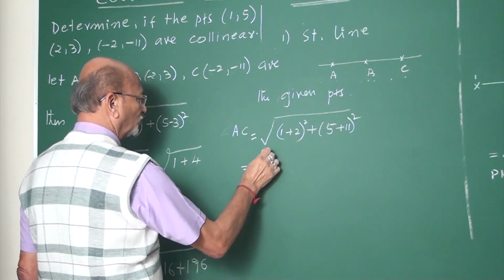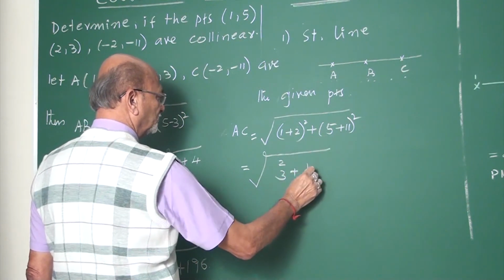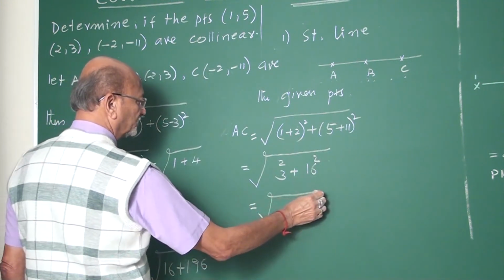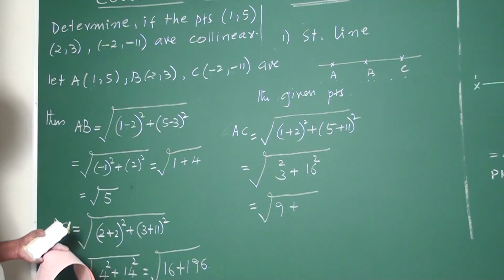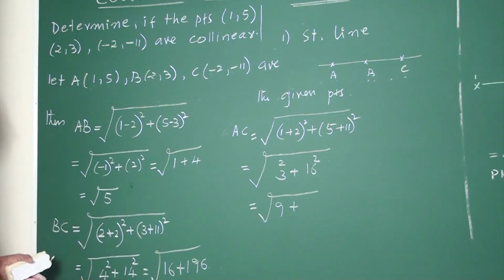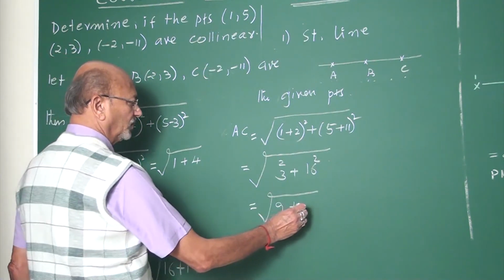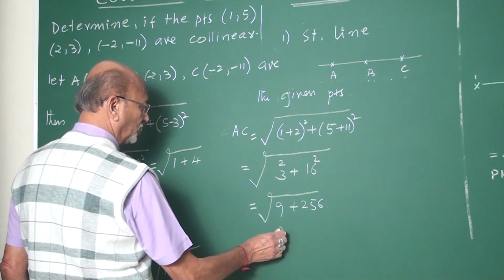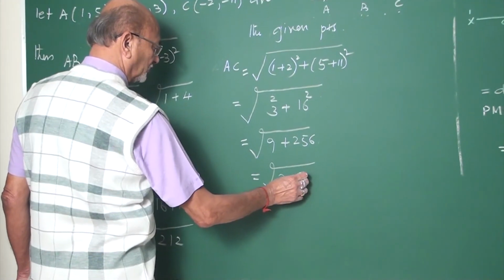This is the square root of 3 square plus 16 square. 3 square is 9. What is 16 square? It is 256. So the square root of 265.